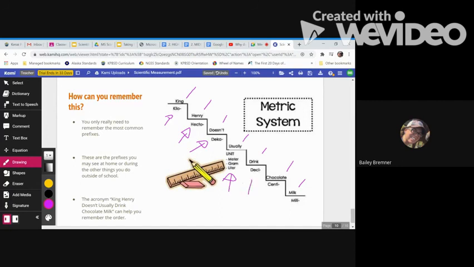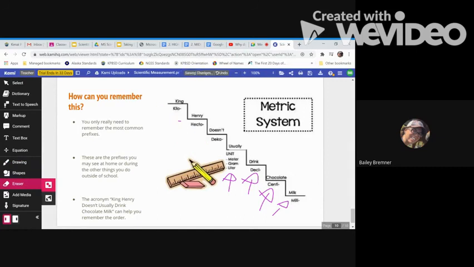D in drink stands for deci, C in chocolate stands for centi, and M in milk stands for milli. So notice you only need 1, 2, 3 steps up and 1, 2, 3 steps down. So you don't need to know a ton. That's 6 total. So we get as big as 1,000 larger than our base unit and 1,000 smaller. So milli, there's 1,000 millimeters in 1 meter and 1,000 meters in 1 kilometer.